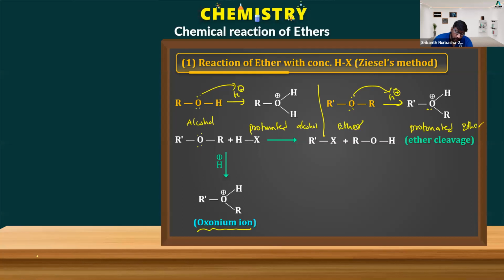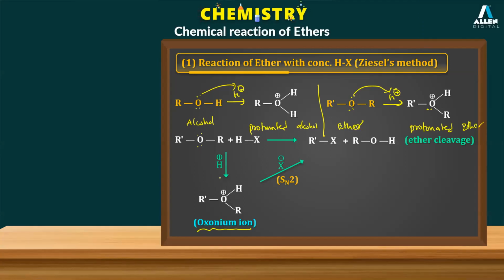Now understand this carefully. This oxonium ion can undergo oxygen-carbon bond cleavage in two ways, SN2 manner or SN1 manner. It will undergo SN2 when the halide ion attacks the primary carbon, where there are the least repulsions.